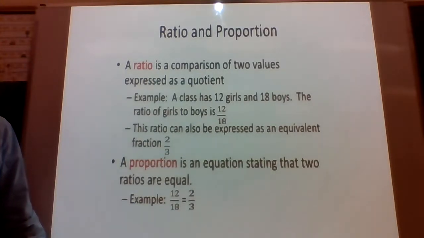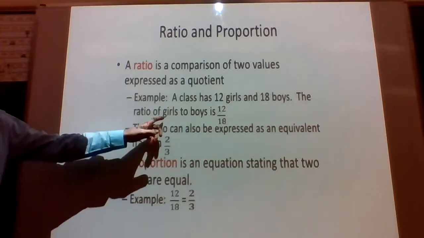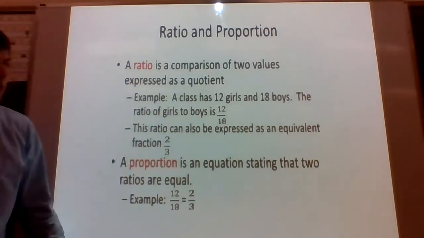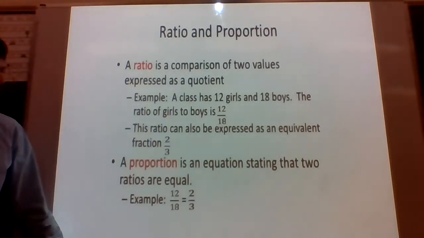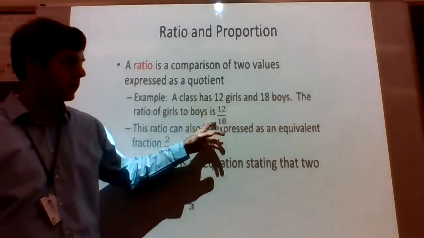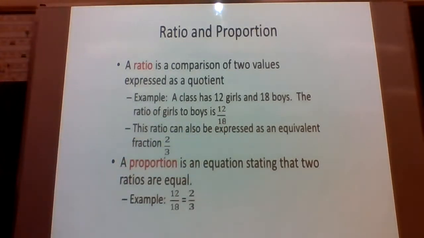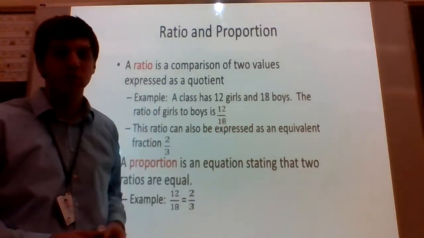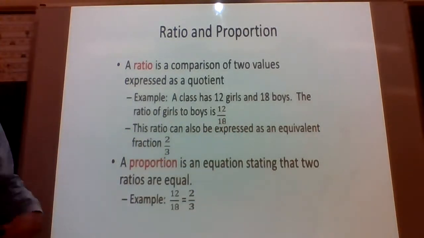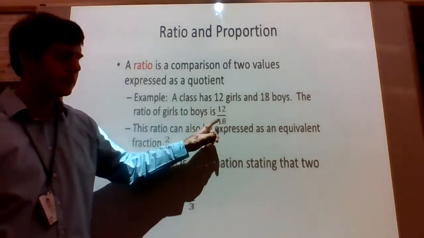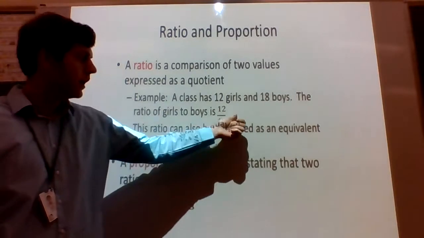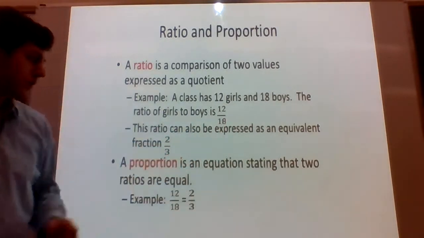The example listed here is a classroom with 12 girls and 18 boys. So the ratio of girls to boys is 12 to 18. Then we can reduce this fraction down to 2/3. If we divide the numerator and the denominator each by 6, we would end up getting 2/3.